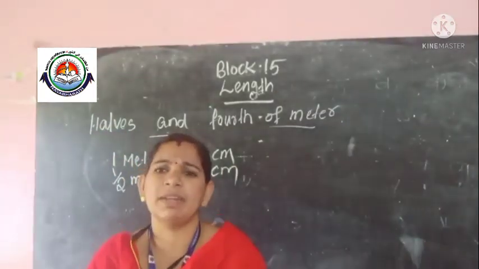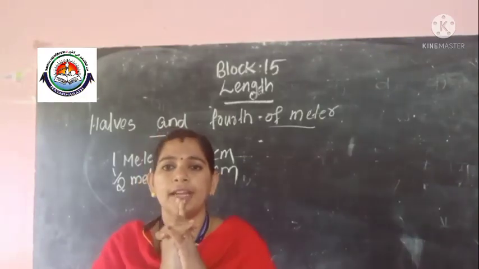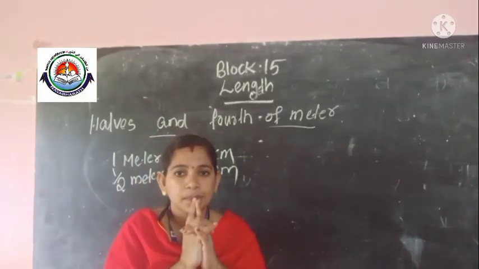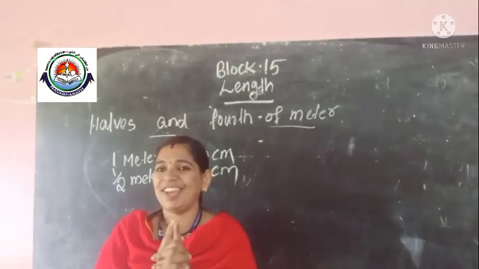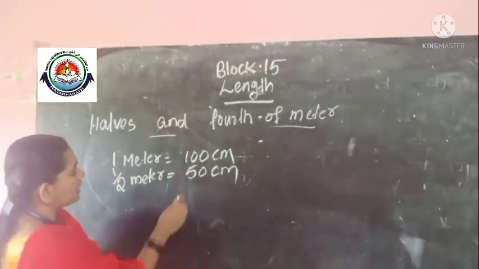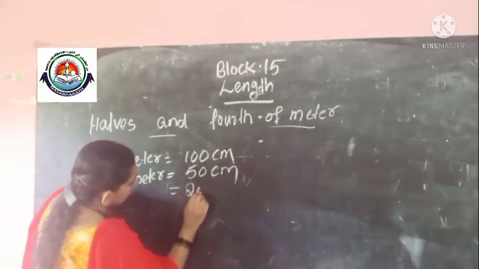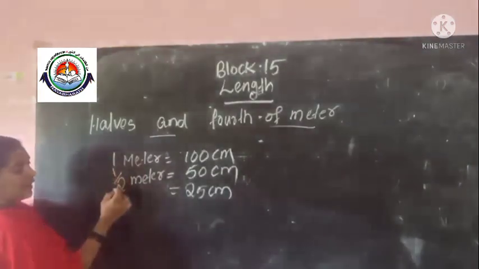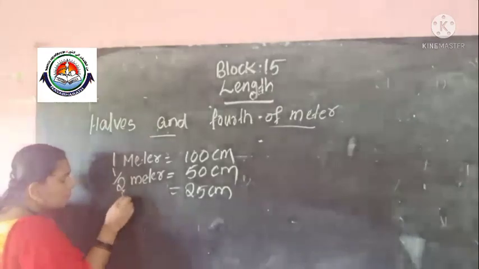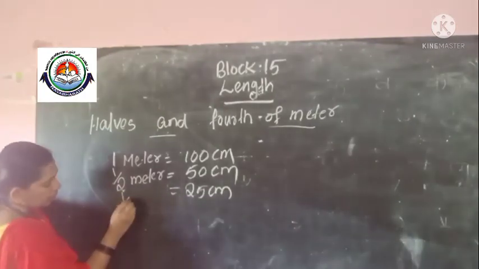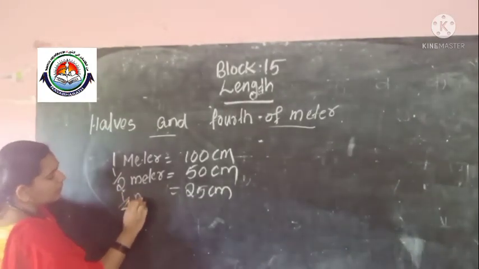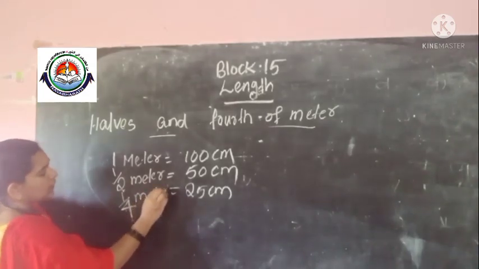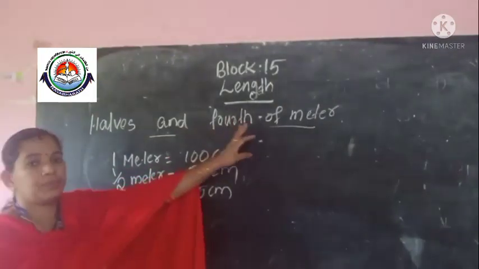Again, that 50 centimeter I just cut it. Yeah, very good. That is 25 centimeter. So that means half again cut means 1 by 4, or fourth.